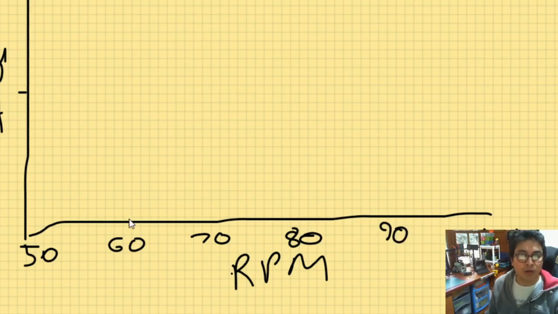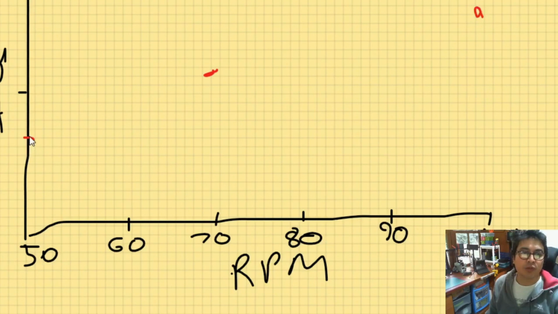Okay, so we know that at 50 RPM we achieved roughly 7.5, about there, and at 70 we achieved 11, which would be roughly there, and if at 50 we achieved 7.5, 100 would equate to 15, which I'm going to say is roughly there.